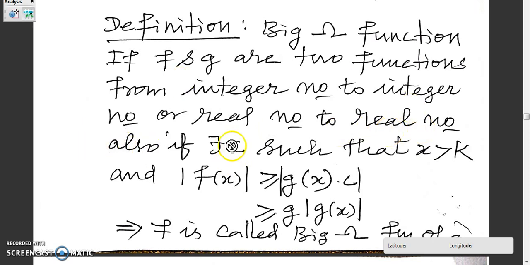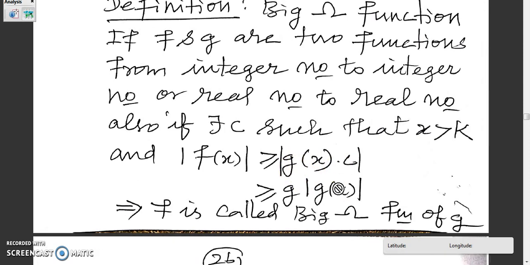And if there exists a constant c, such that for every x greater than k, where k is some constant, the absolute value of f of x is greater than or equal to c times the absolute value of g of x.